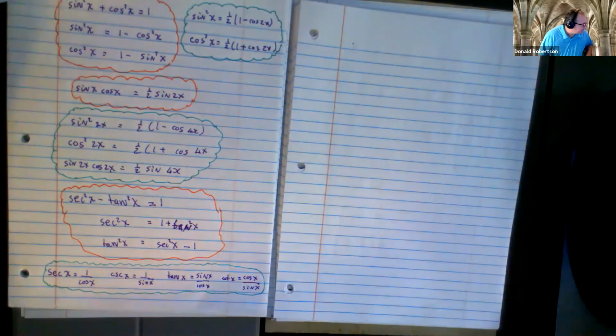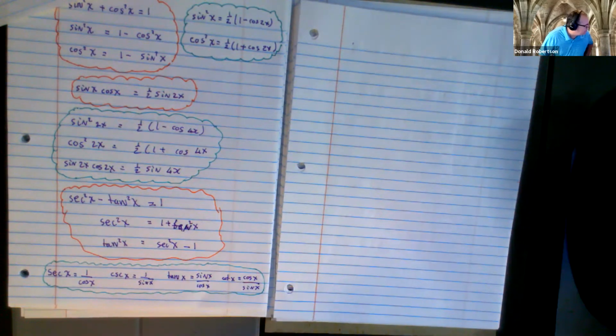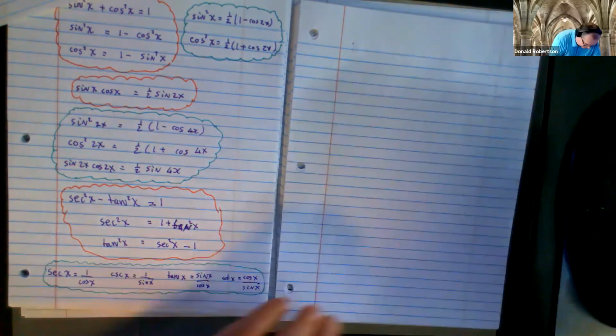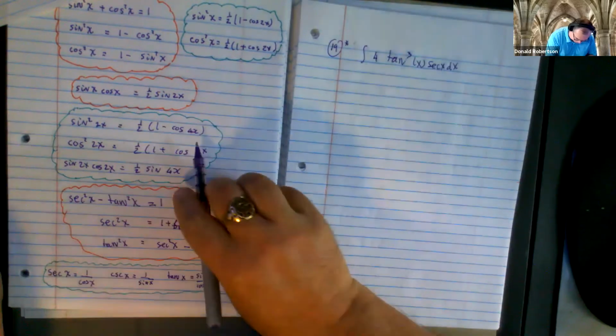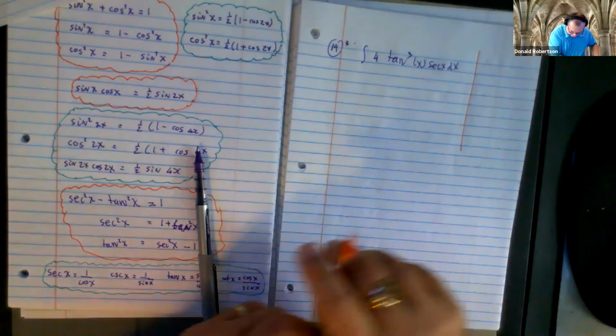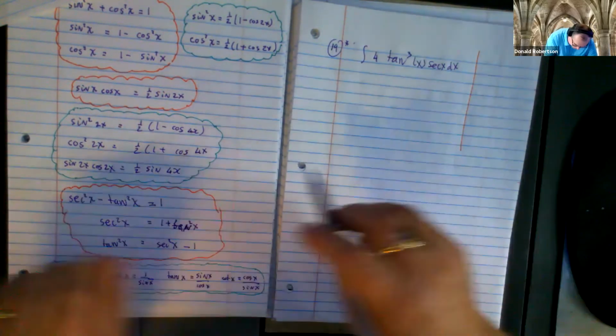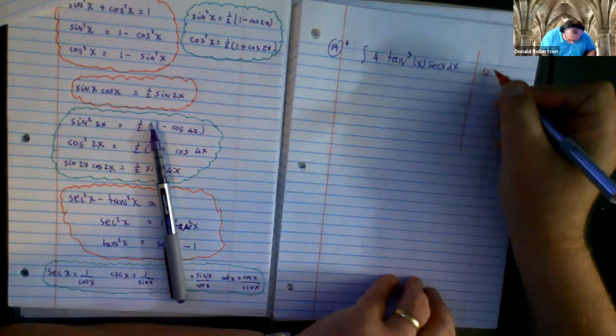So let's see if I can find another one with tangents and secants in it. Right. This one is a version, question 19. And this is going to be 4 tangents, a secant. Okay.